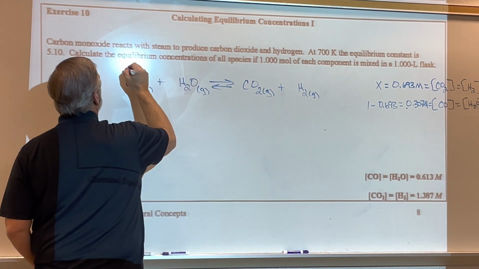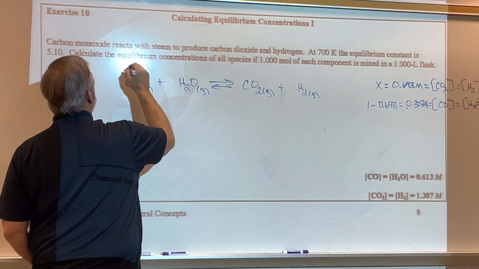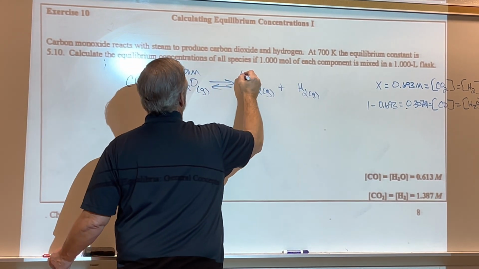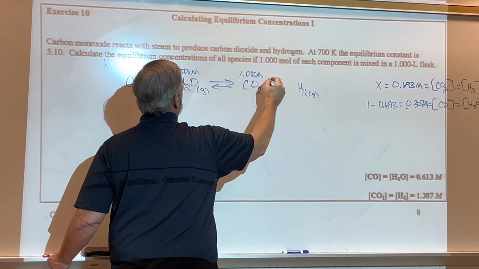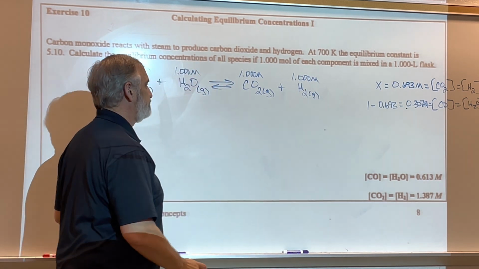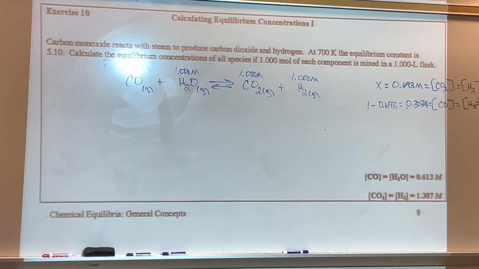So if I put in 1 molar of everything, some of it's going to react. Well, it's not at equilibrium. These are my initial concentrations. I'm just dumping this in here. What do I need to know? Which way the reaction goes. Is it going to go left to right? Is it going to go right to left?